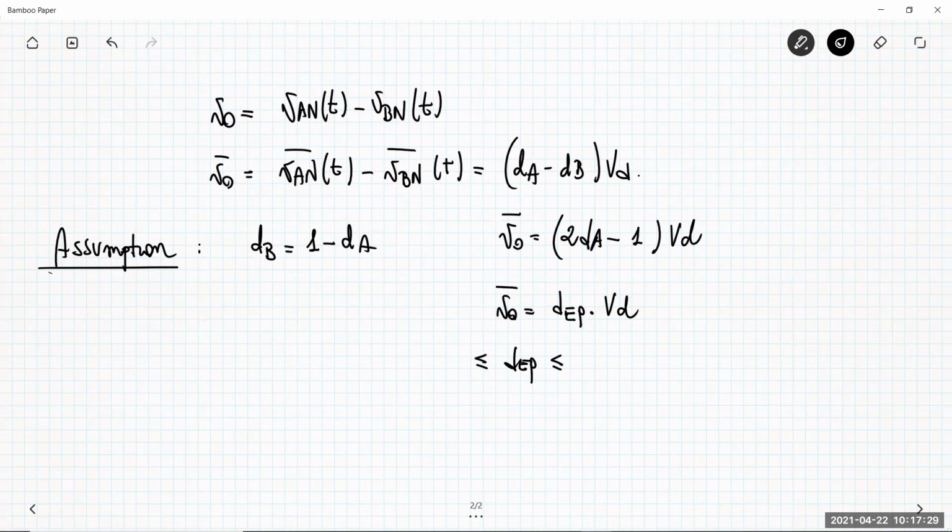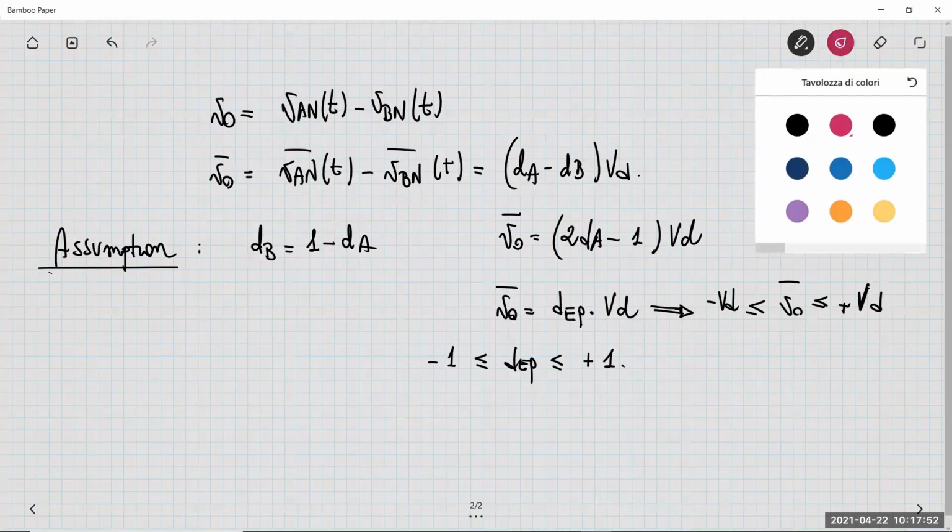If you put 0, you get -1. If you put 1, you get +1. So the equivalent duty cycle is now also negative, and that means V0 average value effectively goes from negative VD to positive VD, exactly as intended.